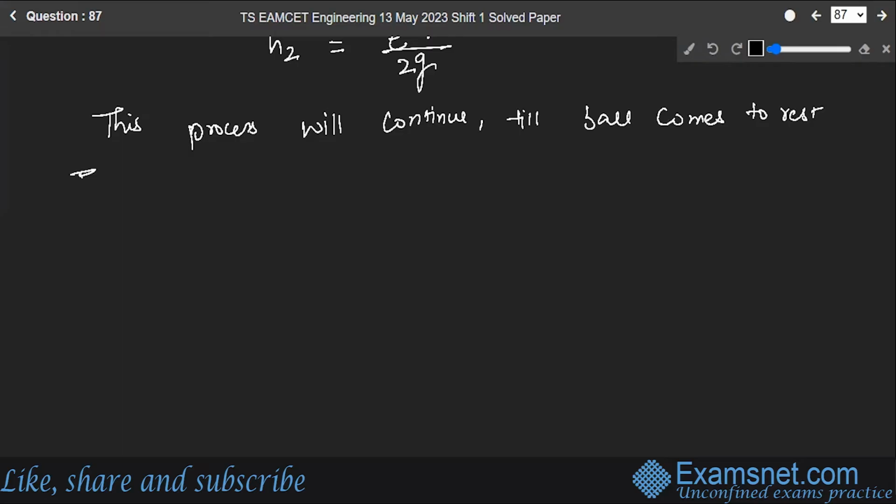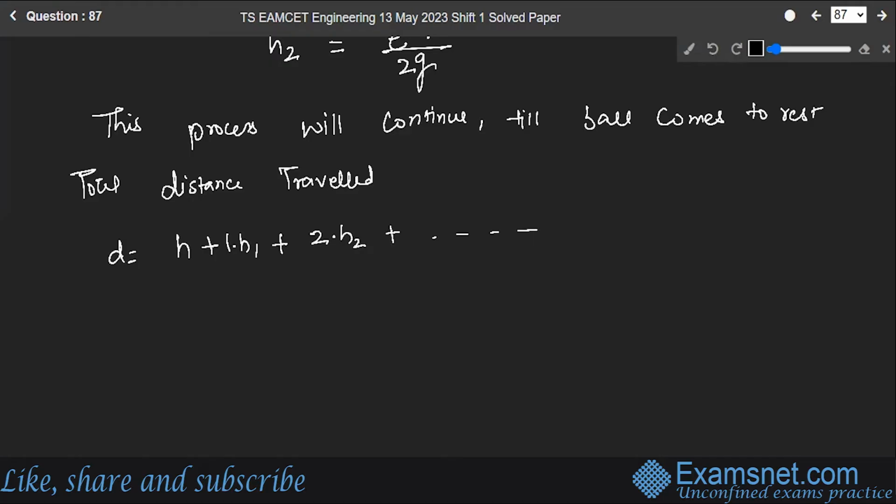So the total distance traveled will be d is equal to first h, then you had h1, then you had let's say 1 into h1, 2 h2 plus so on.